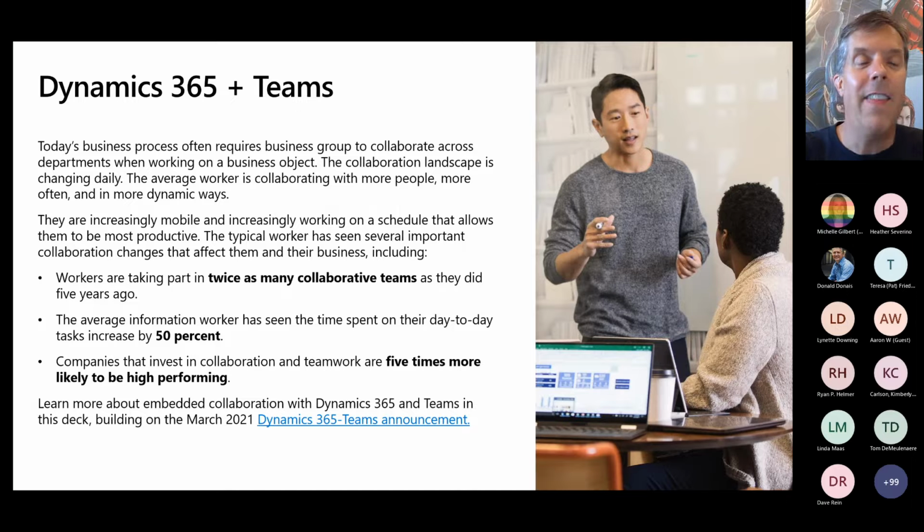And the companies who have invested in collaboration and teamwork scenarios, like making sure Microsoft Teams works really well, are 5 times more likely to be high performing in this culture than when we were working in scenarios where things weren't quite as high paced, especially in an online only fashion, and there were more in-person things going on. So again, we just see that the world has shifted, and connecting these so that you have to do a lot less task switching and app switching in order to accomplish a lot of collaborative scenarios around relevant customer situations is the goal that we're trying to drive.